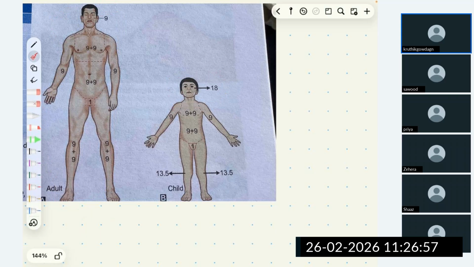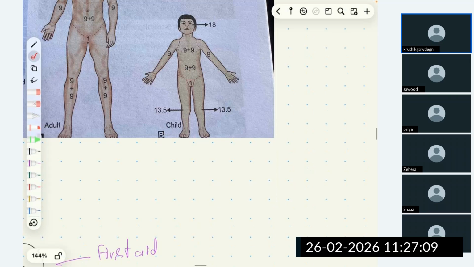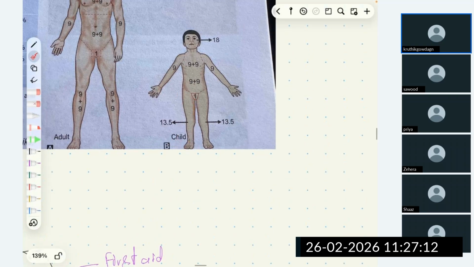And upper limb is considered as 9%, same as adults. And upper chest and abdomen considered as 9% each, same as adults. But there is a difference in lower limb. Here lower limb is 9 plus 9, 18%. Entire front part of lower limb combined is 18%. In case of children, the entire lower limb is considered as 13.5%. And perineum as adults, 1%.